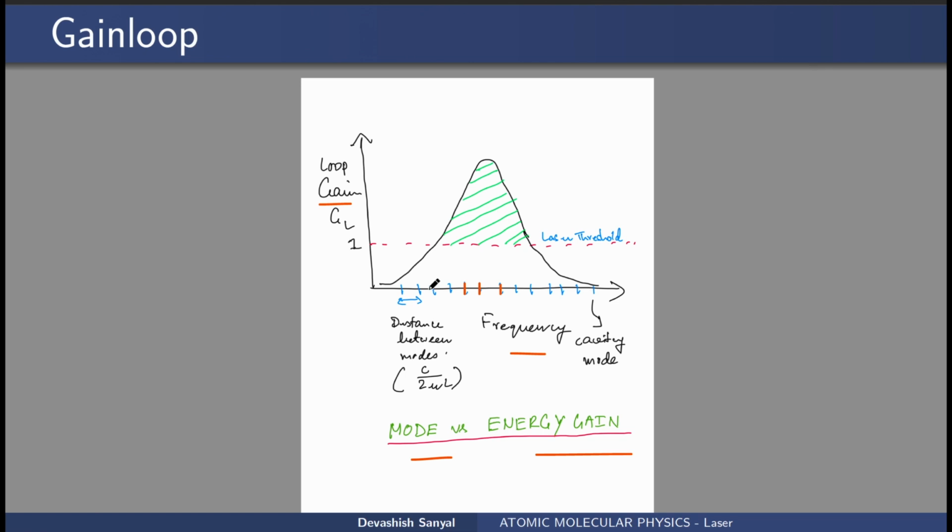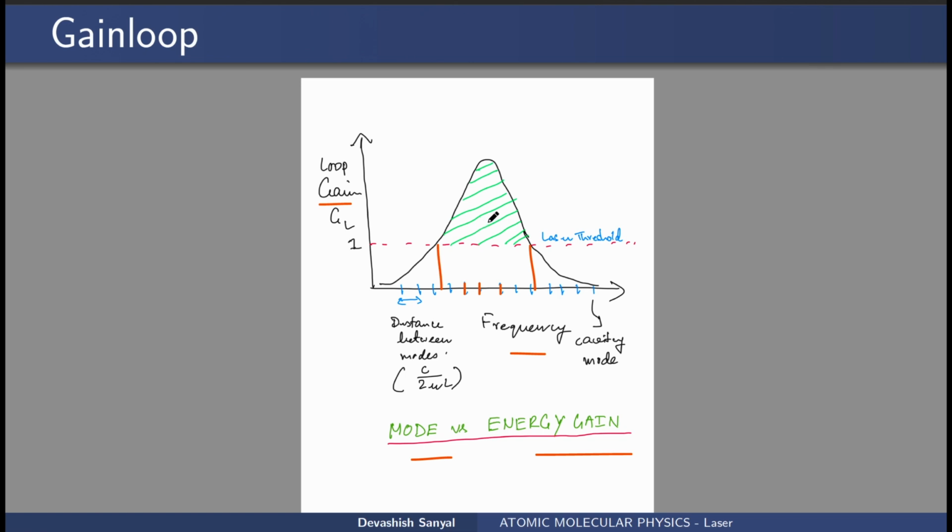So you can see that this green stripe represents the region of frequencies. The frequencies which lie between these two lines are the frequencies for which the loop gain is greater than 1. Other than that, all the frequencies have loop gain 1 or less than 1.